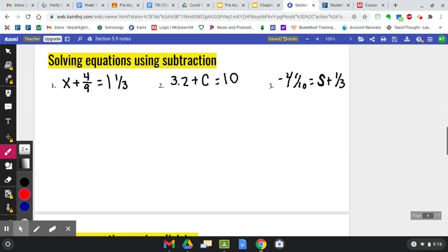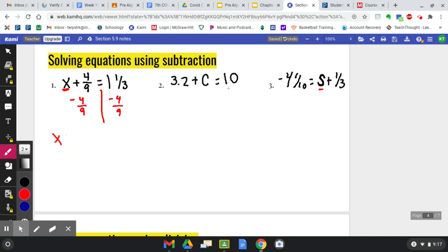All right, using subtraction. So notice in each of these, it's my variable plus a number, variable plus a number. Here, my variable plus a number. So in each case, we are going to be subtracting, right? Here's my variable. I'm going to subtract 4/9 from both sides.